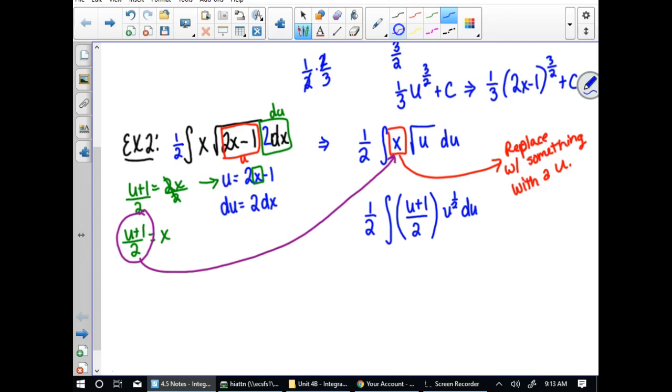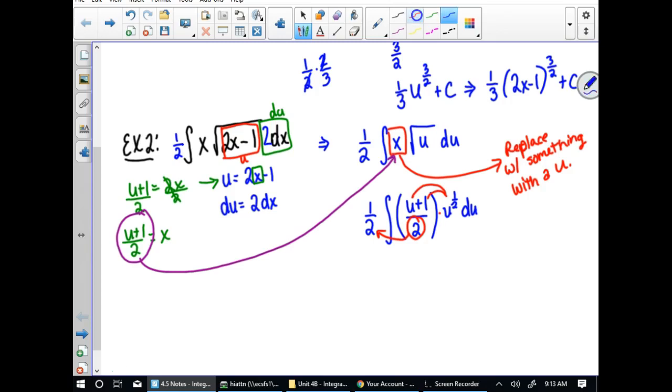This is going to be a little bit more difficult to integrate than the ones we've had before, but we can do it. So here, this 2 right here, that's really just a coefficient, right? I'm going to pull this on the outside right there. And these two things are multiplied, so that's okay. And then I'm also going to distribute that u to the 1/2 in the numerator.